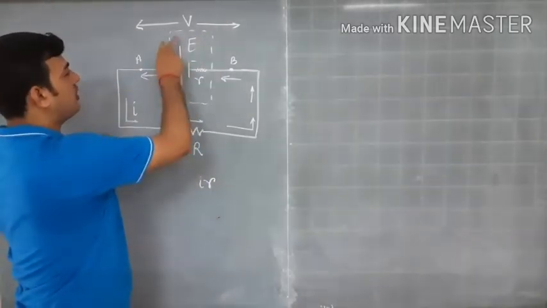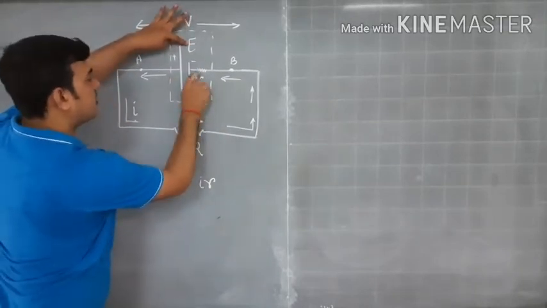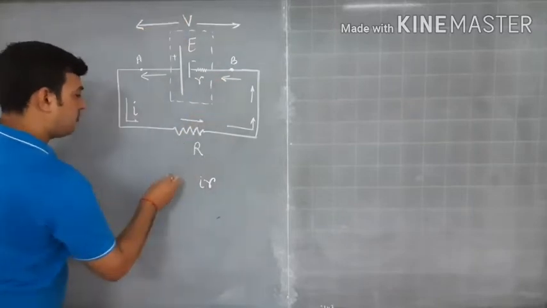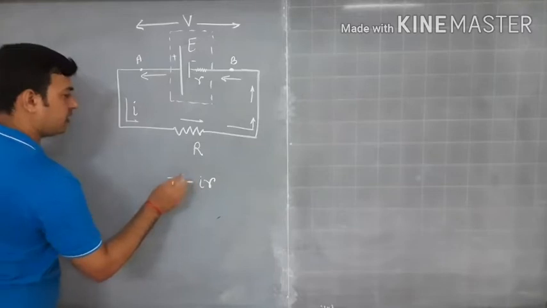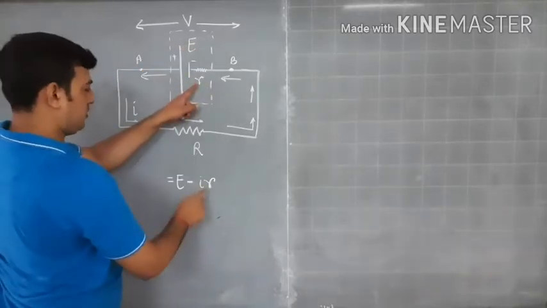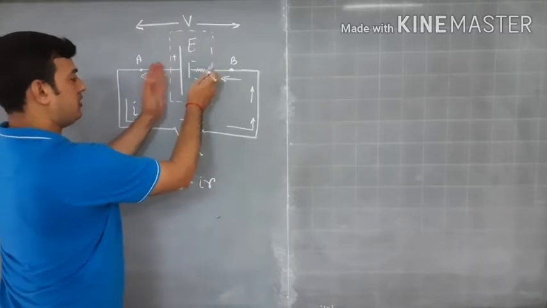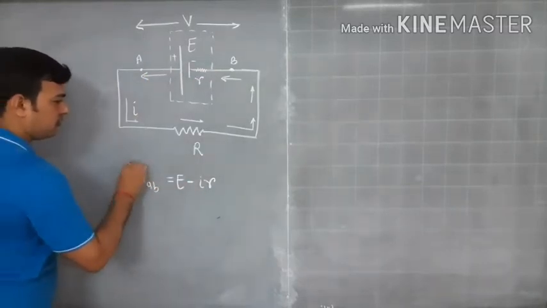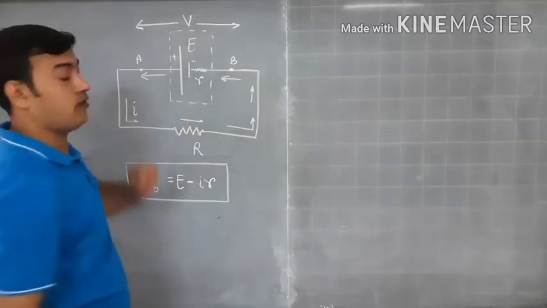Now the total EMF of the cell is E, and there is the drop inside the cell due to this internal resistance. So the remaining potential is E minus IR. E was the EMF, IR was the drop inside the cell. So the remaining is E minus IR, and this is called the terminal potential difference between the ends of the cell.